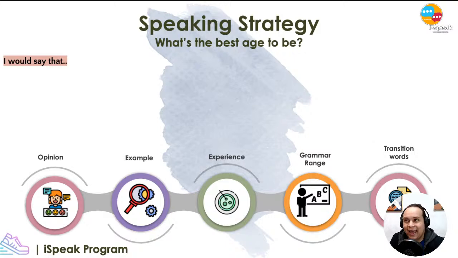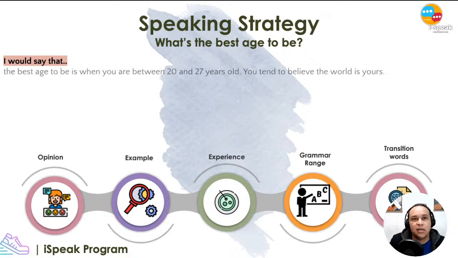I would say, that's my opinion, right? I would say that is a pre-sentence for you to introduce your opinion. I would say that the best age to be is when you are between 20 and 27 years old. You tend to believe the world is yours. You see, it's pretty much an opinion. It's not a fact, it's not a real situation, it's your opinion about it.